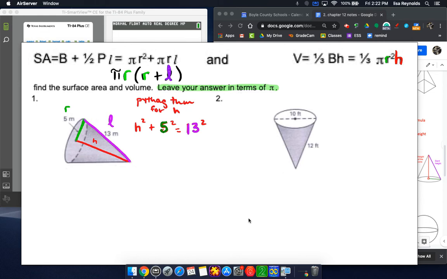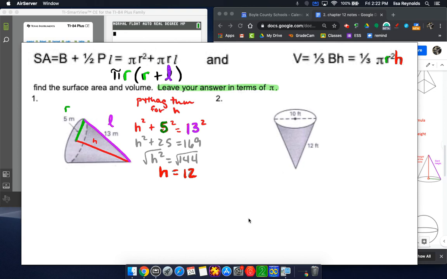So let's calculate. This is going to be h squared plus 25 equals 169. h squared is going to equal 144. And when we take the square root, our h is 12. So for this particular problem, our height is 12.